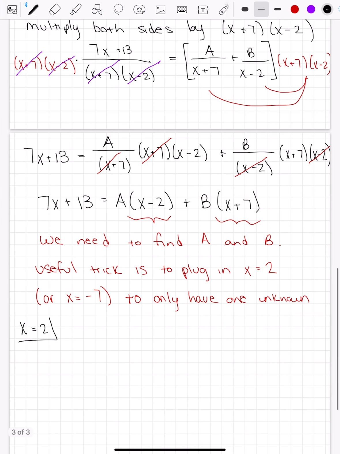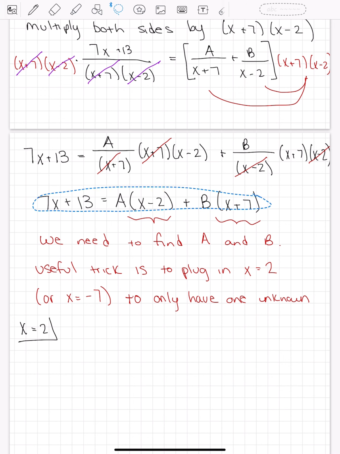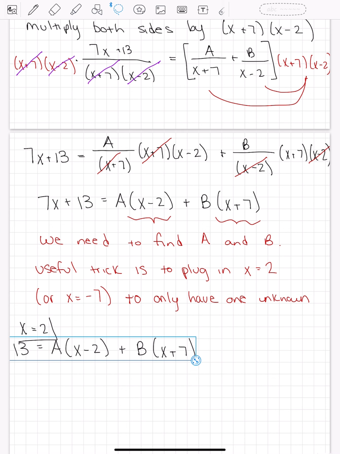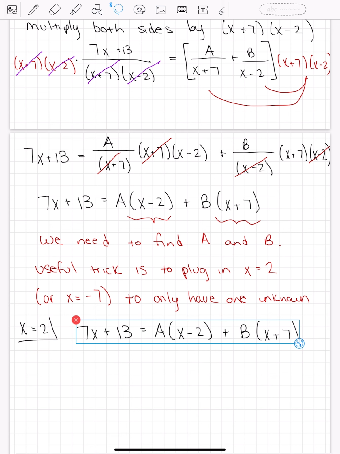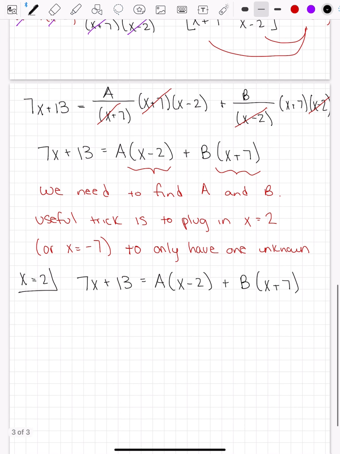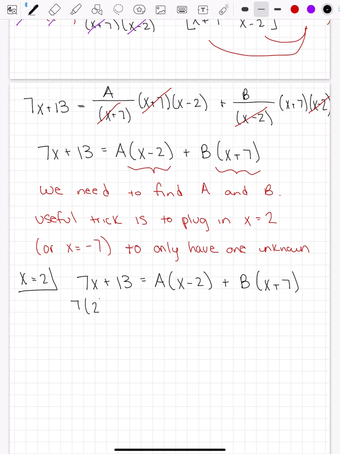So when we plug in x is 2, we're going to take this equation here. Let me just copy it instead of rewriting the whole thing. And we're going to plug in x equals 2 for all of our x's. So that's going to become 7 times 2 plus 13 is A times 2 minus 2 plus B times 2 plus 7.